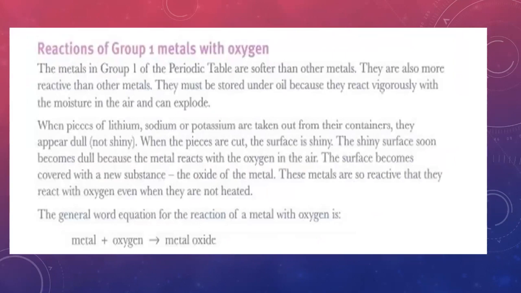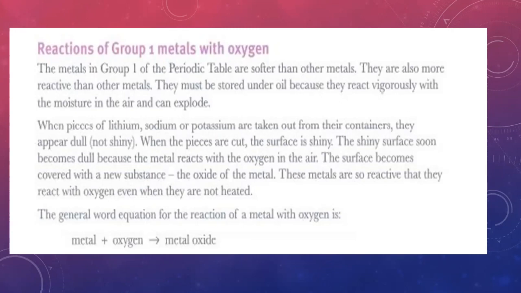What happens when these metals react with oxygen? The metals in group 1 of the periodic table are softer than other metals. They are also more reactive than other metals. They must be stored under oil. We said that before, when we said sodium and potassium are stored under kerosene liquid.